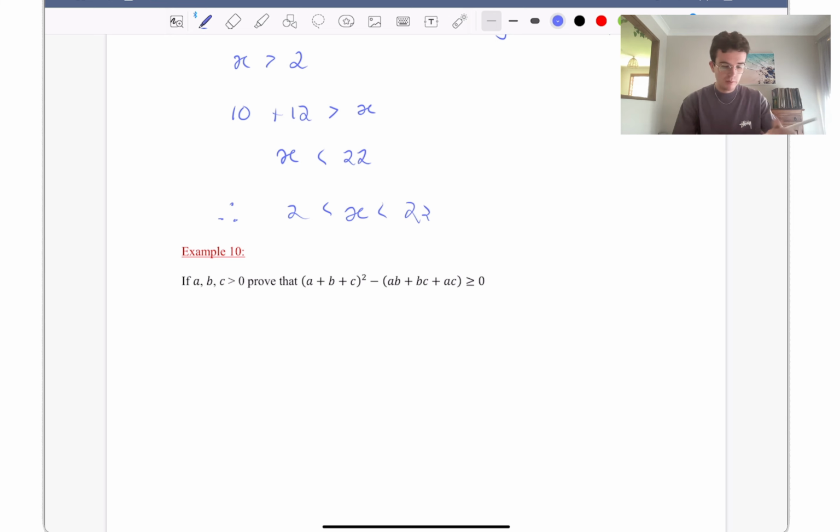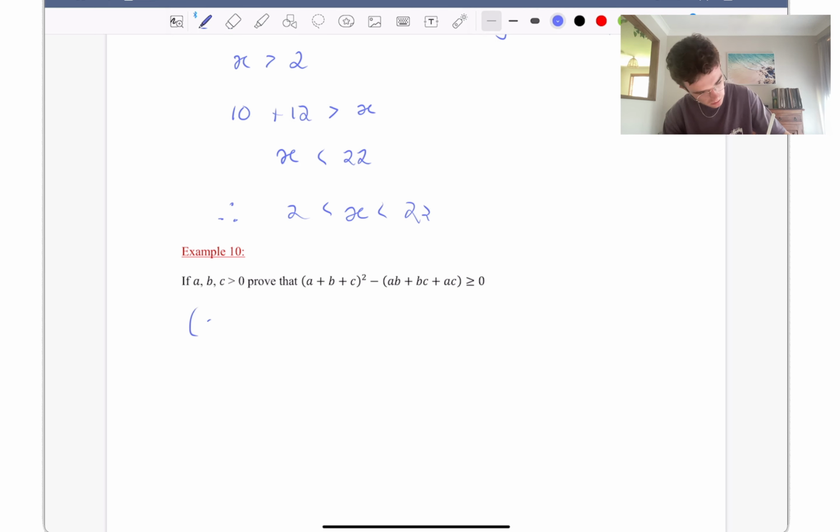It's going to be a squared plus b squared plus c squared minus ab plus bc plus ca, which is equal to, actually that's not true, let's have a go at expanding this properly.